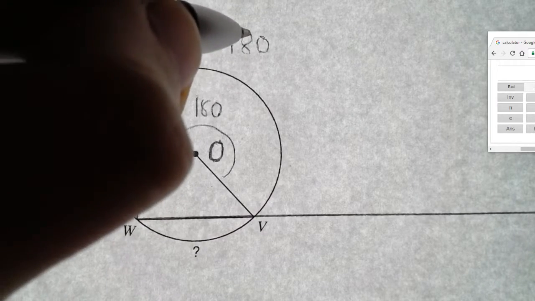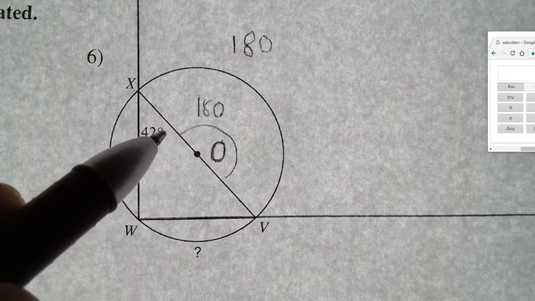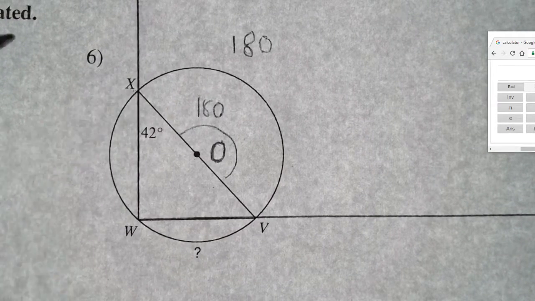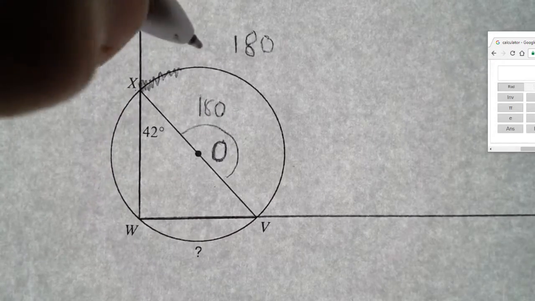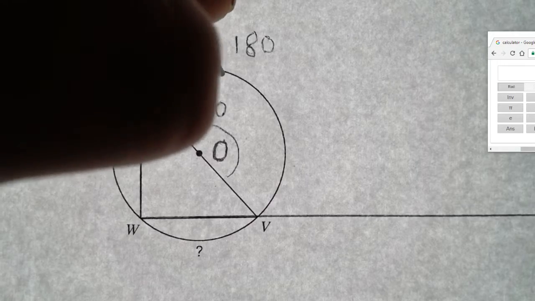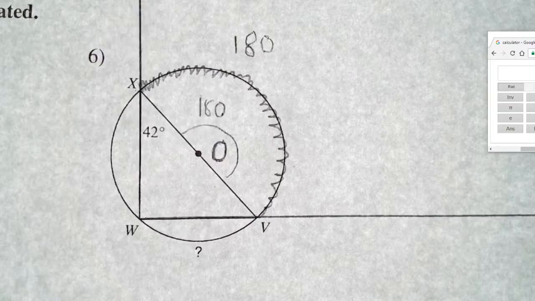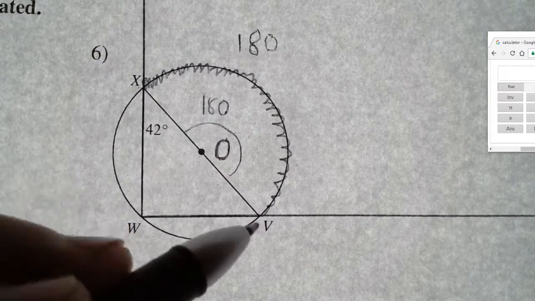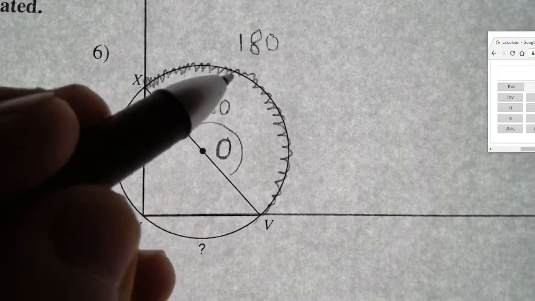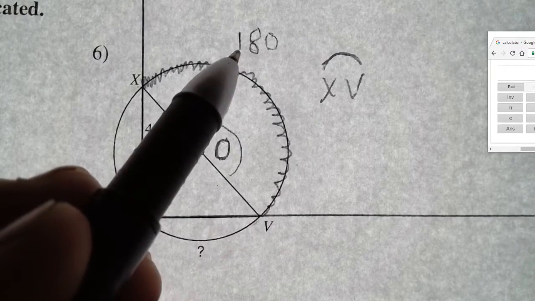What that tells us is that the measure of my central angle is exactly equal to the arc that it intercepts. So every angle inside of a circle is going to intercept an arc. In this case, both of my angles, XWV and XOV, intercept this arc, arc XV, which I know is 180.